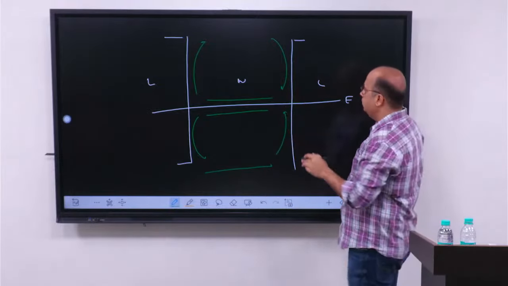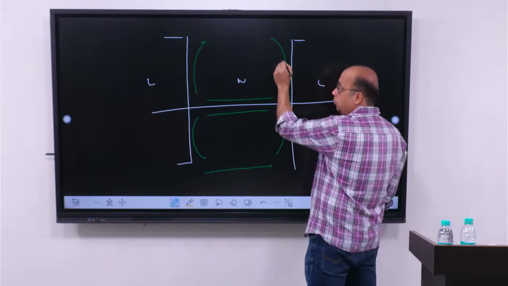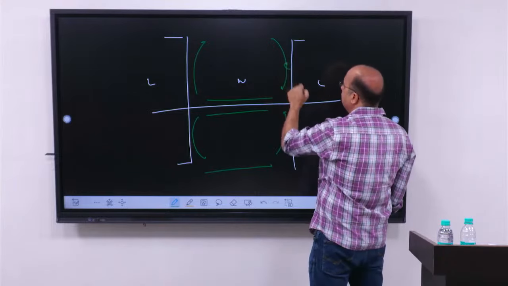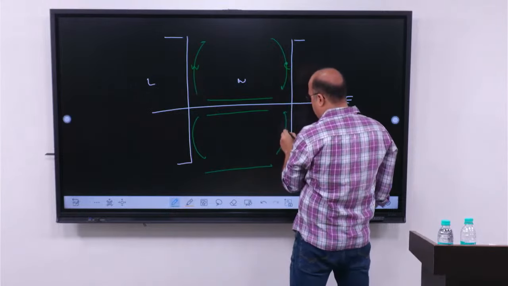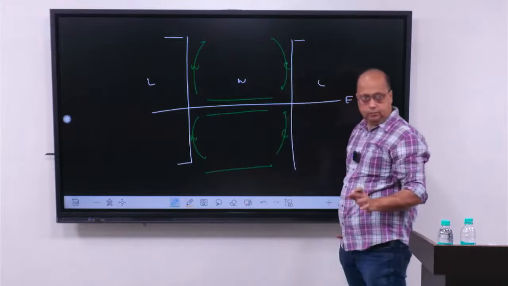So this side, what type of current is this? Cold or warm? Cold. If anything is coming from the pole, it is cold. And this is warm. And there we have cold again and warm again. Okay?